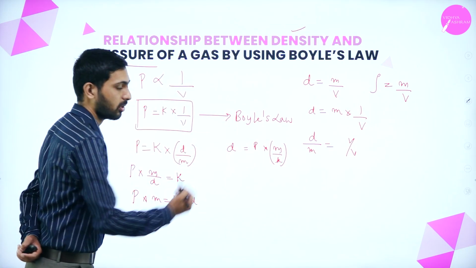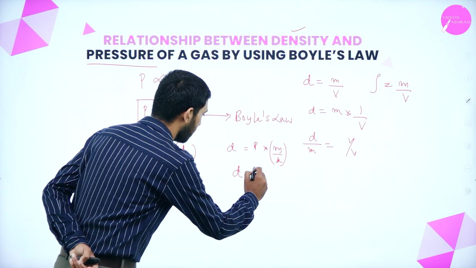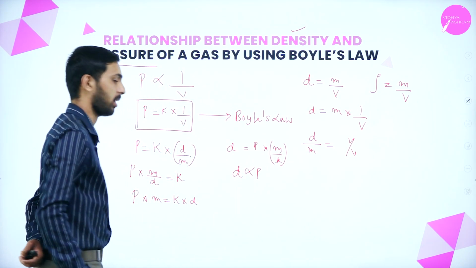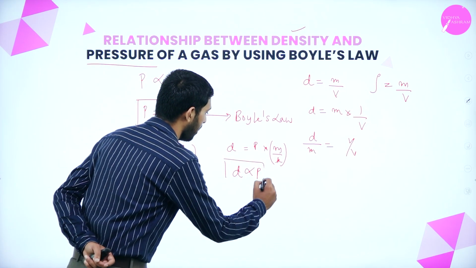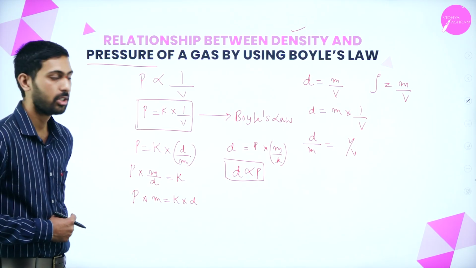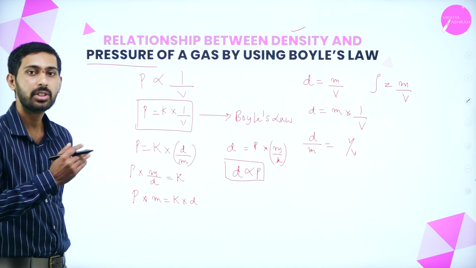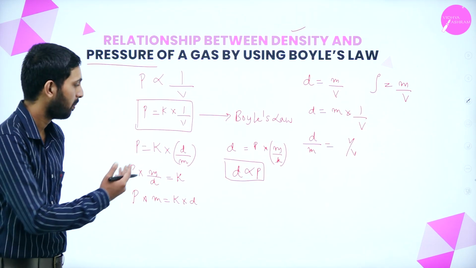This can be kept constant. If I keep it constant, what will I get? D is directly proportional to pressure. Okay. This is the relationship between density and pressure by using Boyle's law. So we can say that at constant temperature, density is directly proportional to pressure.